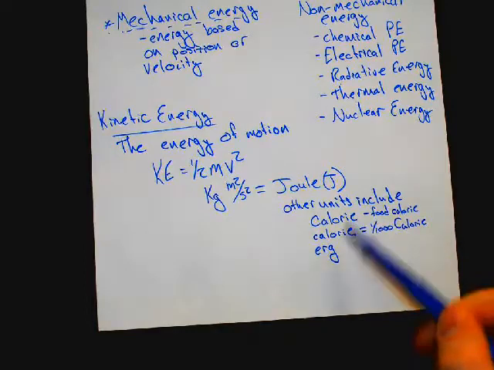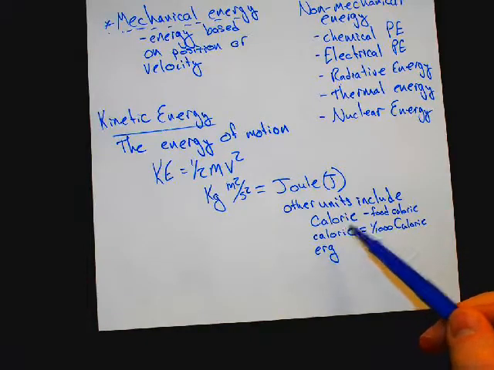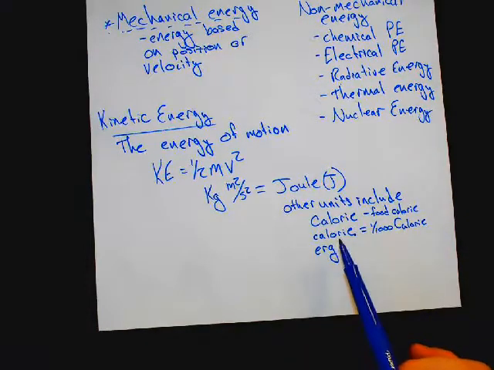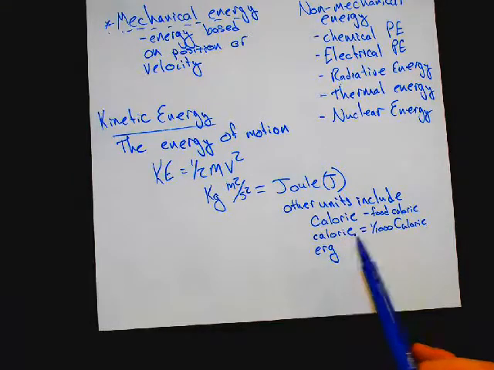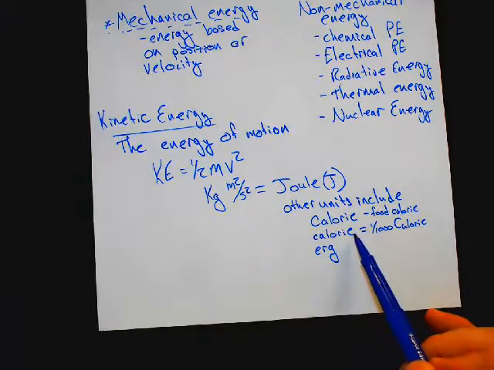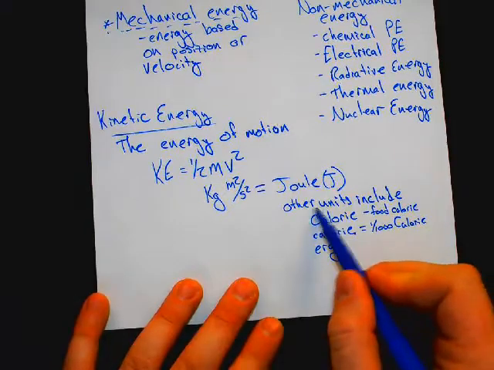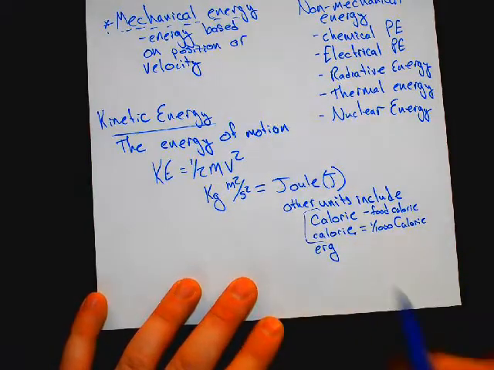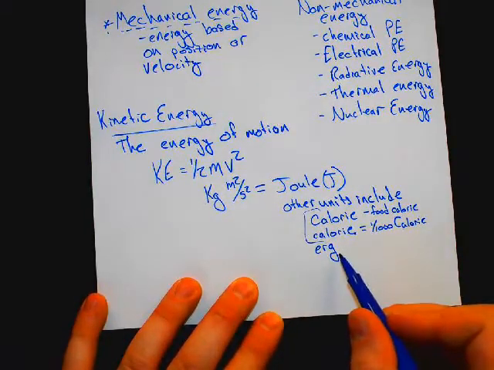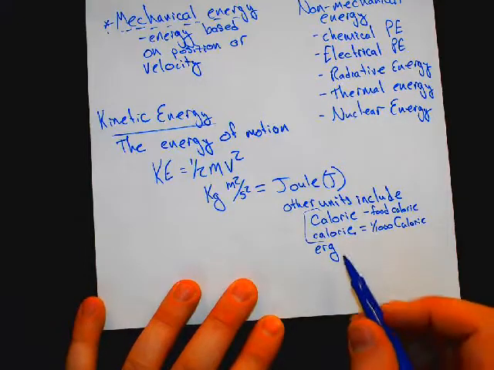And in terms of how big are these compared to a joule, well, it takes 4,186 joules to make a kilocalorie, if I remember correctly. Don't worry, you won't need to make that conversion. And an erg is the centimeters, grams, and seconds version.